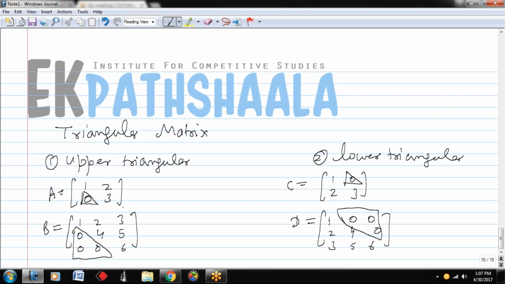Is that okay? So write it down. Upper triangular matrix is a square matrix in which the elements below the principal diagonal are 0.